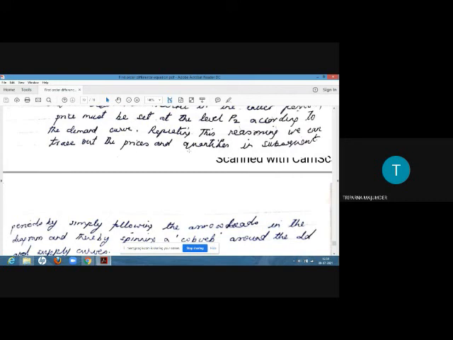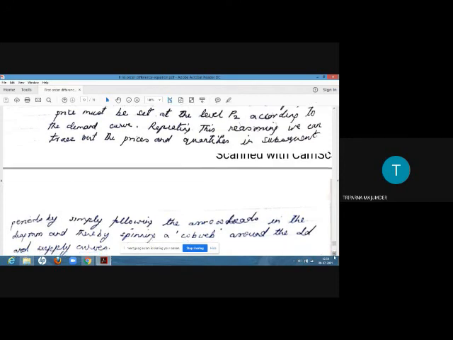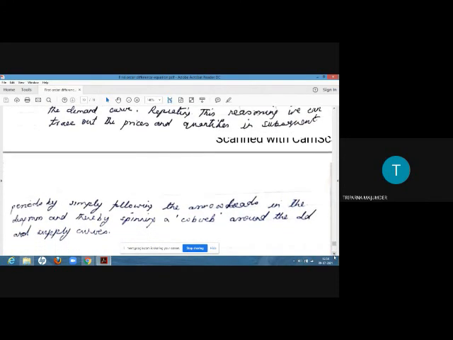We trace out the prices and quantities in subsequent periods by simply following the arrowheads in the diagram and thereby spinning a cobweb around the demand and supply curve.